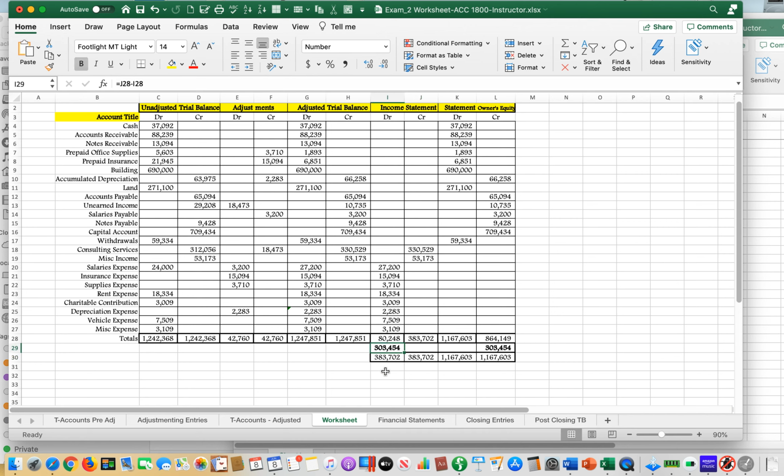It takes that number, $303,454. And that happens to be the net income. These debits are expenses. These credits are income. Revenue are the credits. Revenue minus expenses, that's your net income.